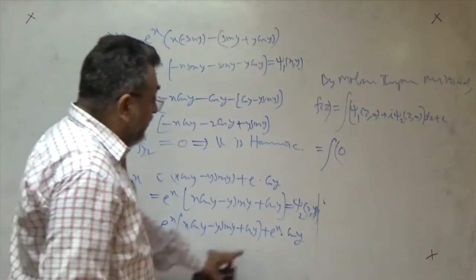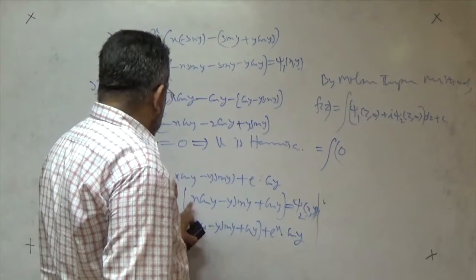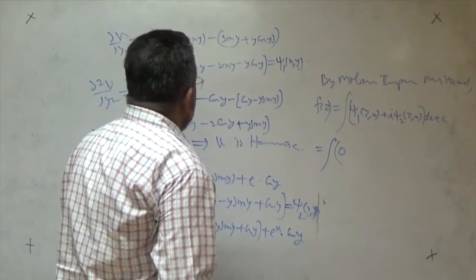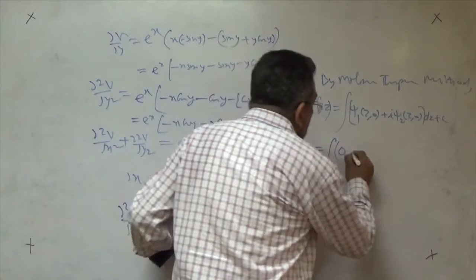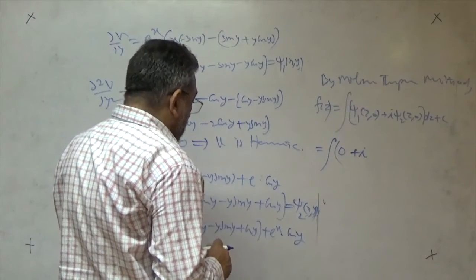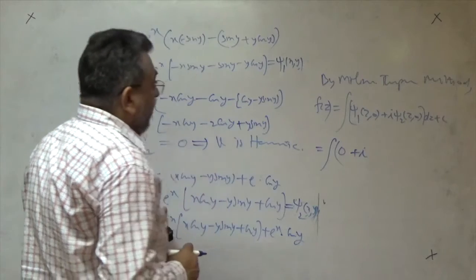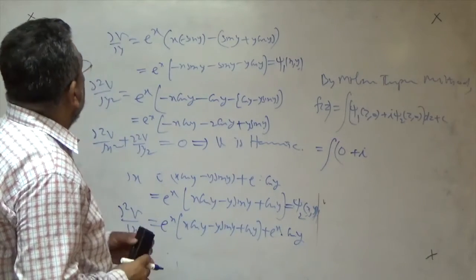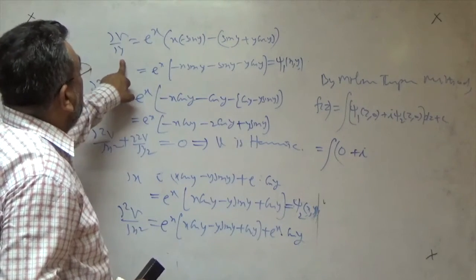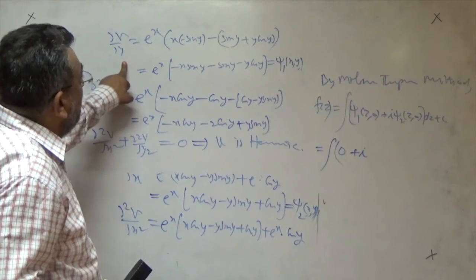Psi 2 (z, 0), from here you get e to power z, plus i times, y is 0 and x is 0. So psi 2 from here, and this is psi 1 of (x, y). So from here we get x is 0, y 0.